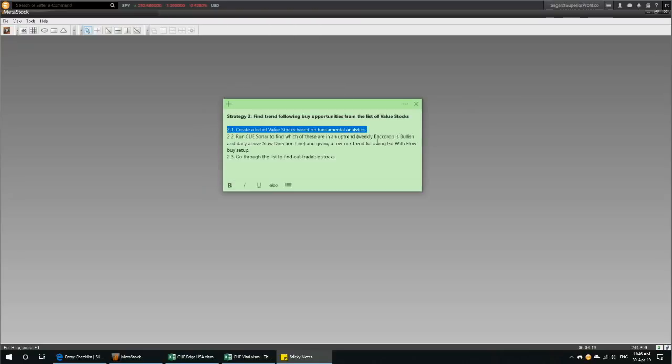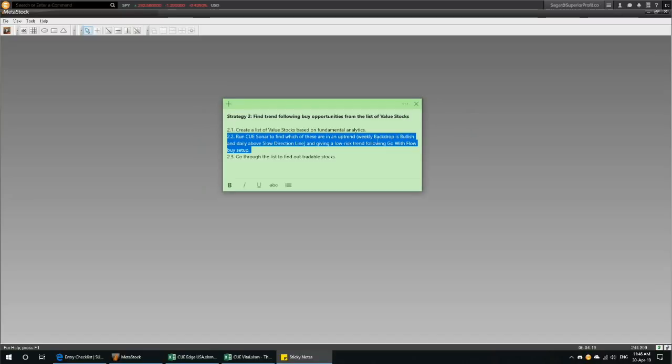What are the sub steps? First step is create a list of value stocks based on fundamental analysis, not based on price performance. Using Q Scorecard, I did that already. Then run Q Sonar to find out which of these stocks are in uptrend. How to decide that? I will use multiple steps.